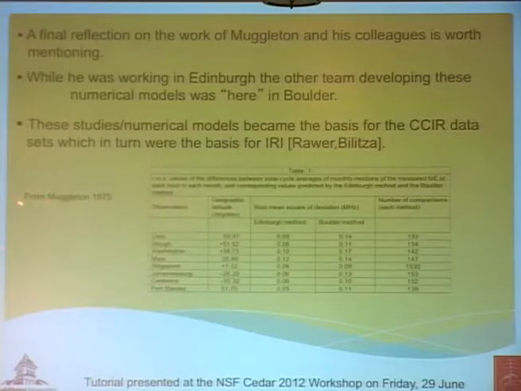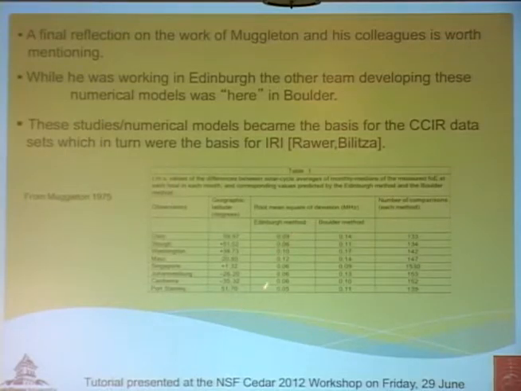This I just put up as a statement of his own kind of finesse, if you like. He compared the Edinburgh method with the Boulder method. And what you're seeing in these two columns is, for a variety of ionosonde stations, and just from the names you can see it's fairly global, the root mean square deviation in megahertz. The difference between these two columns is about a factor of 2.